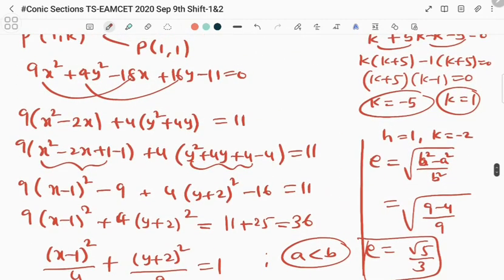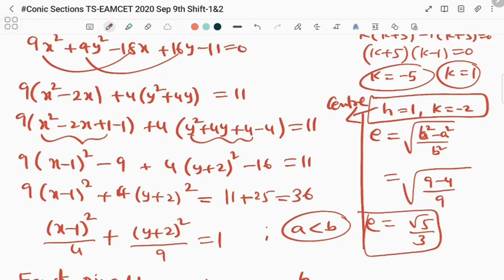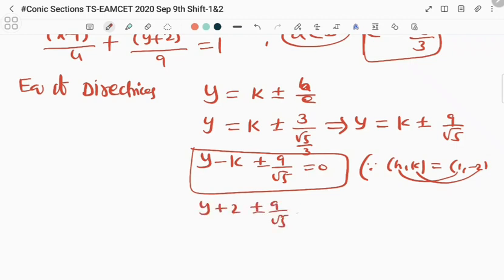Not this value, no? Center. This is center. K is equal to minus 2. So k plus 2 will come now. So center h comma k values are 1 comma minus 2. So y plus 2 plus or minus 9 by root 5.